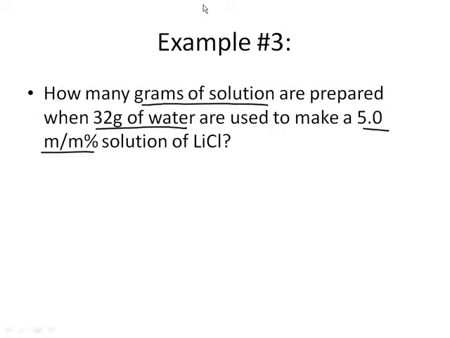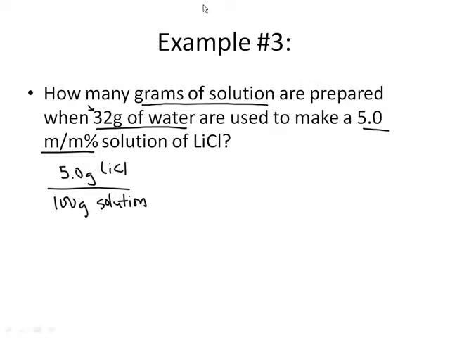So my percent is the same as saying 5.0 grams LiCl is to 100 grams solution, right? Because that's my total. I'm going to have to start with water, though, because this gave me 32 grams of water. So that means that I need a conversion that involves water.